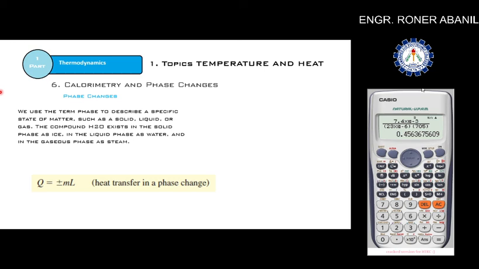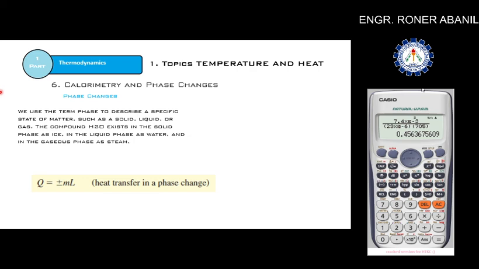We use the term phase to describe a specific state of matter. So, nung elementary tayo, ang alam lang natin na phase is liquid, solid, and gas. Meron ding pumasok na mga plasma, yung mga ganun, no? So, dito, such as solid, liquid, gas, kunwari, the compound H2O or water exists in the solid phase as ice. In the liquid phase naman, tinatawag siyang water.